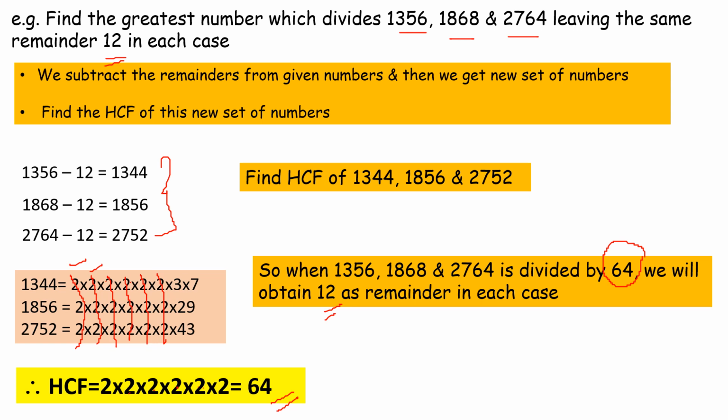When the remainder is given, you subtract the remainder from each of these numbers, then you find the HCF, and that HCF is the divisor which will leave the remainder 12 in each case. When the remainder is not given, you just subtract the smaller number from the bigger numbers to get a new set of numbers and then find the HCF, and that becomes the divisor for the given set of numbers. Hope the concept is clear.